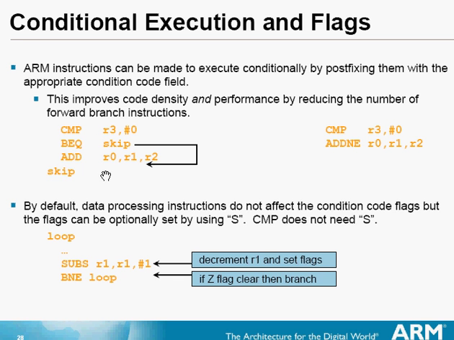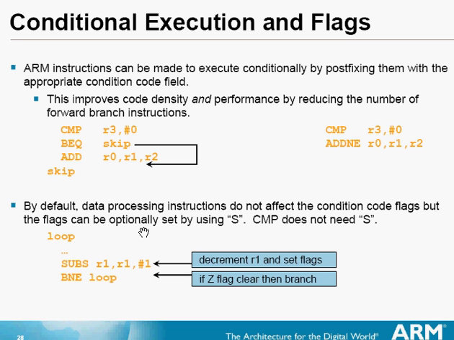See, this is the usual one, and here is the comparison, then ADD with NE: if not equal, then add it. Similarly here, compare, if not equal, then skip. If equal, then add. So here I don't need a branch for conditional execution.